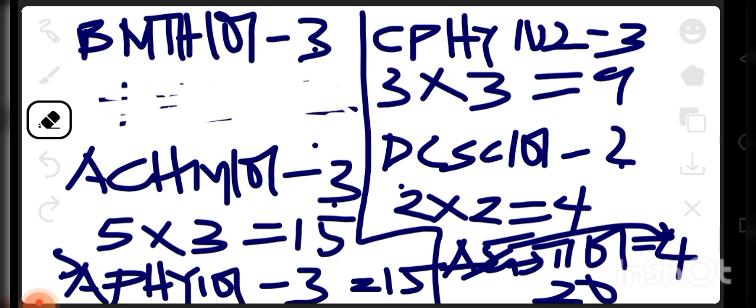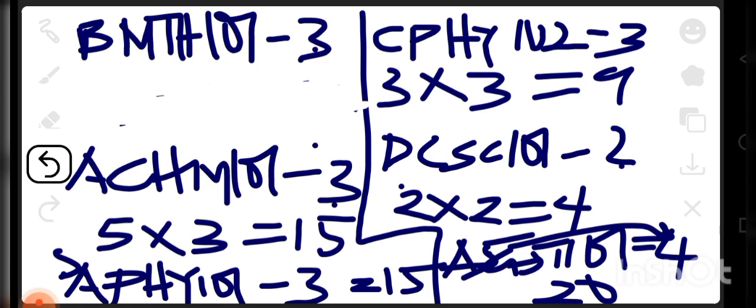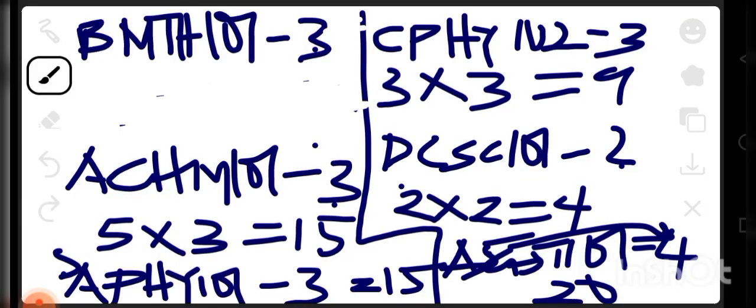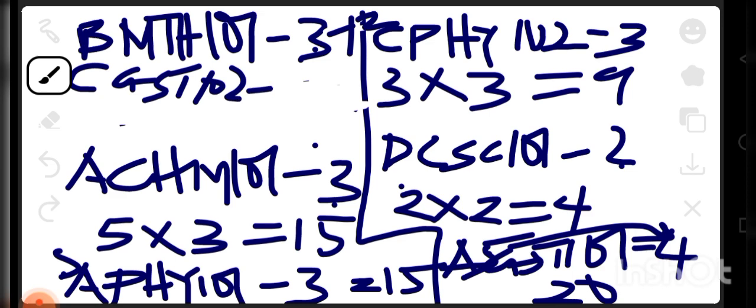Remember, mathematics gave us 12. Take note of that. So we'll also put that down. For GST 102, that's C in GST 102, and this one is 2 units.